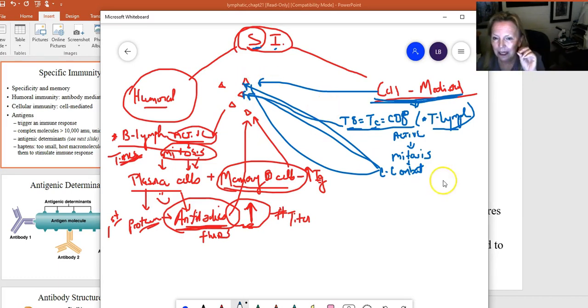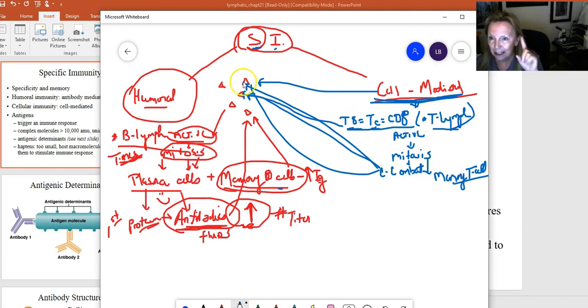The beauty is that not only are you going to make those cell-to-cell combat ones, you're going to make some memory T cells. These memory T cells, along with the memory B cells, are going to be there so that even if it's 3 decades later, you encounter that same foreign antigen, this memory T cell will live for decades, and it's only looking for that specific antigen.